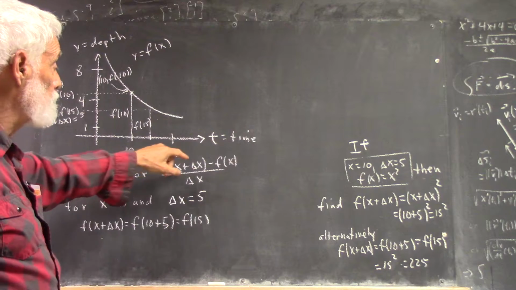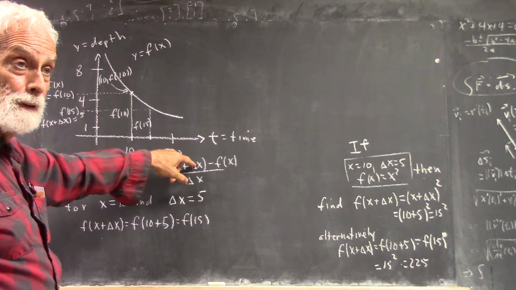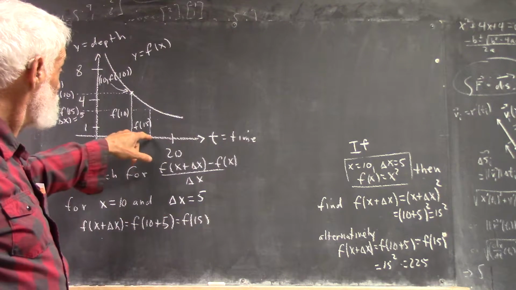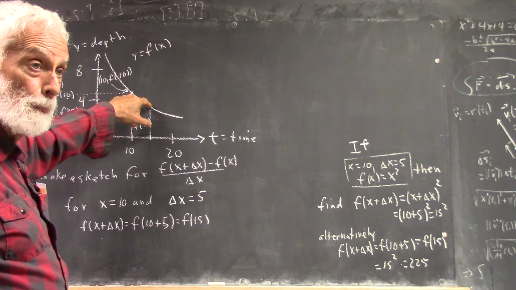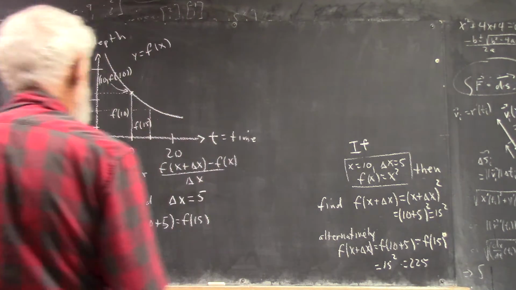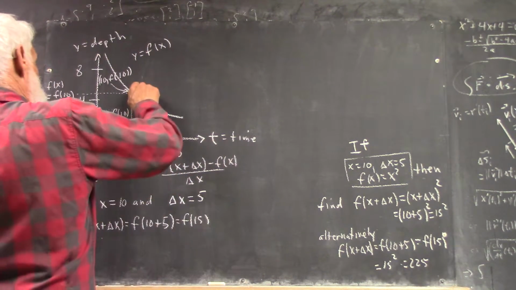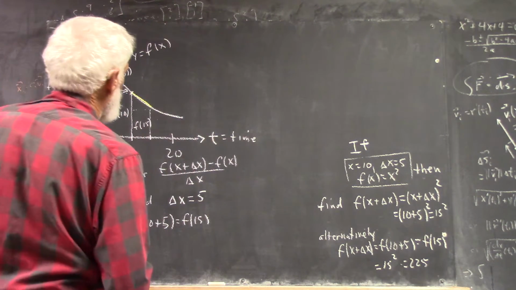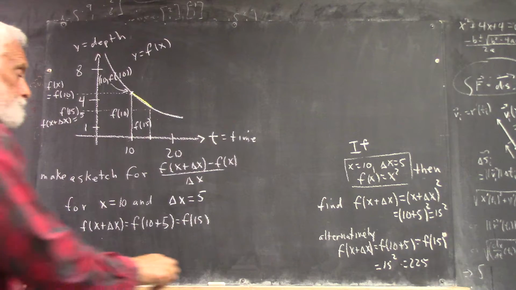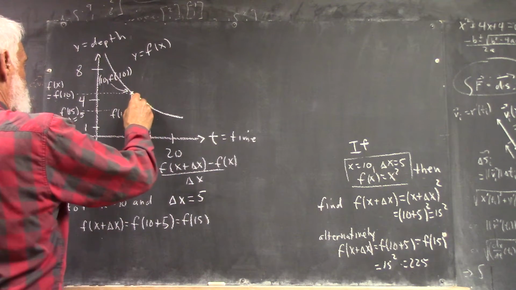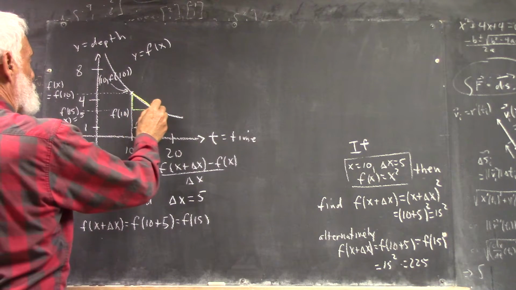We do f of x plus delta x, and x plus delta x is 15 in this case, so here's our f of 15. Okay, then we can make our trapezoidal approximation here, or if we prefer, we could just do a fundamental triangle.